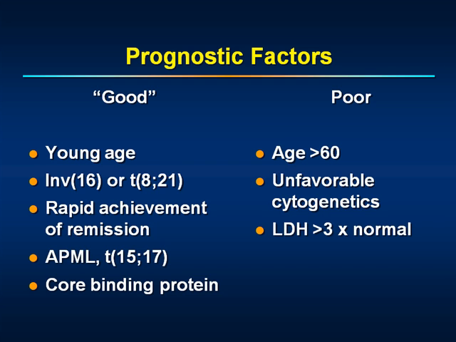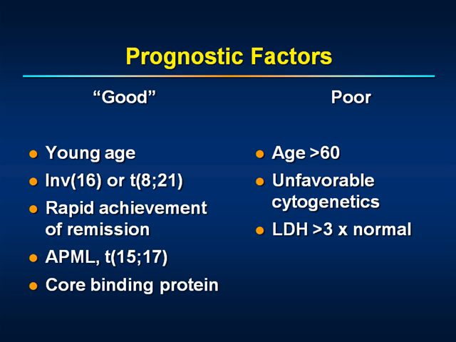Now, the prognostic factors are good and poor. Now, I put good in quotation marks for a very important reason, because nothing about this disease is good. As you can see, the long-term survival, even for good prognostic factors, is still only 50%, except in APML. But young age is helpful, very helpful. Inversion 16 or T8;21 is important. Rapid achievement of remission.